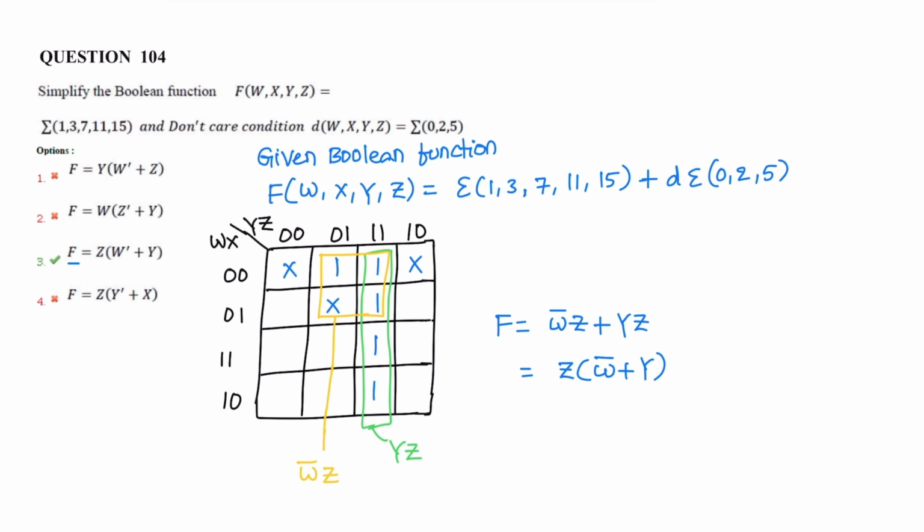Arrange the minterms in the K-map. Then we will get 4 ones, forming a quad. For these 4 ones, the equivalent expression is yz. Quad eliminates 2 variables.